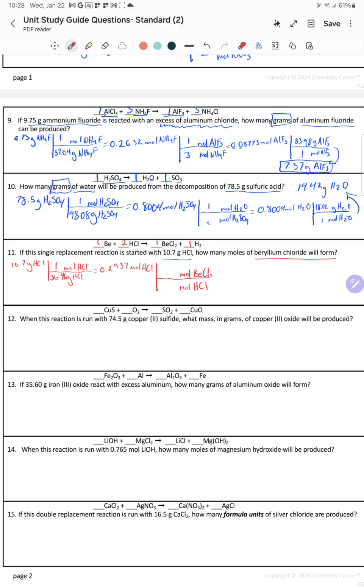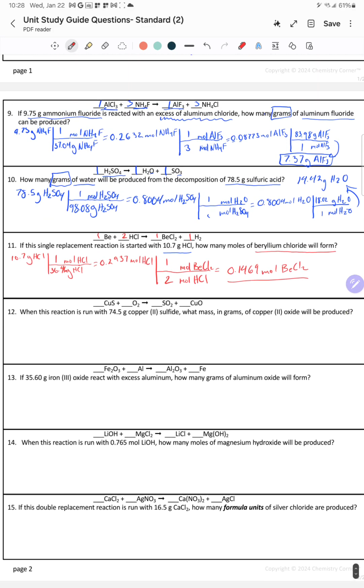So beryllium chloride is 1, hydrochloric acid is 2, so I'm going to divide by 2. And you should get a total of 0.1469 moles of beryllium chloride. Okay, now moving on to the next one, because we don't need to convert to grams, because it just wants moles.